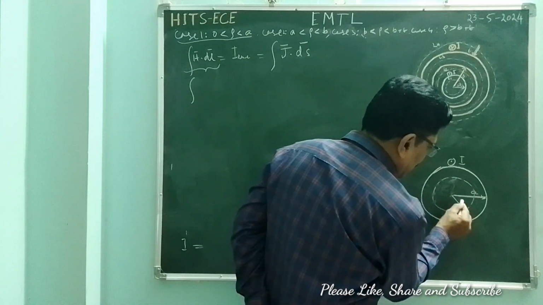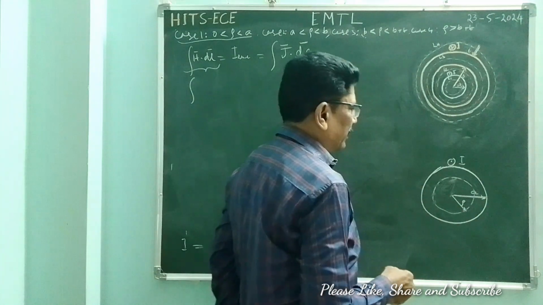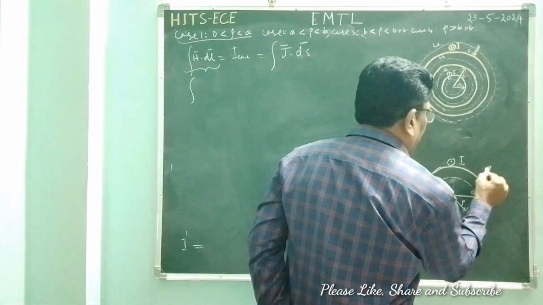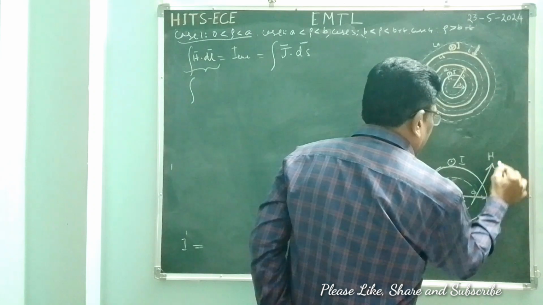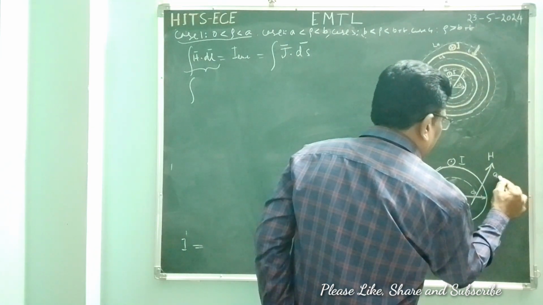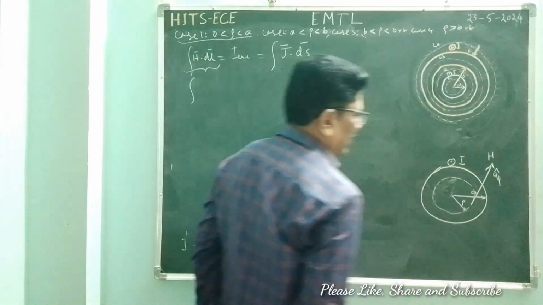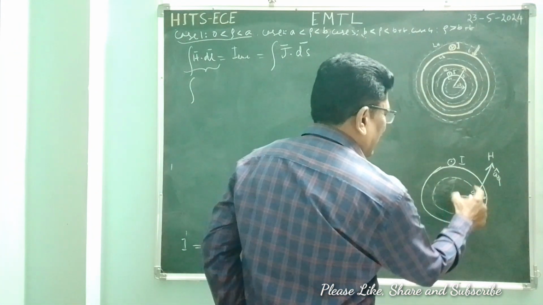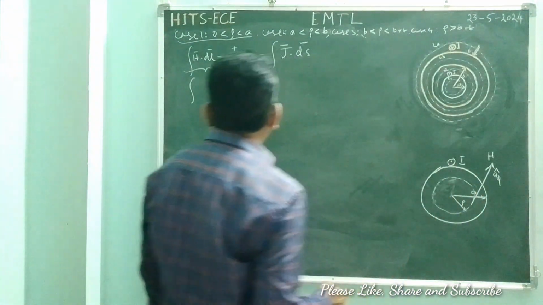The direction of the magnetic field intensity H is the direction of a phi cap. And dl is the differential length of this Amperian path.